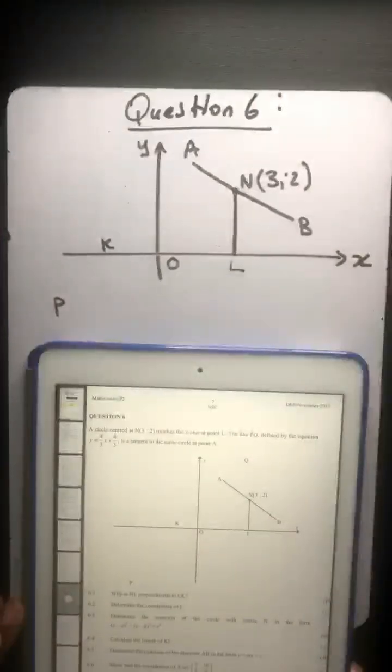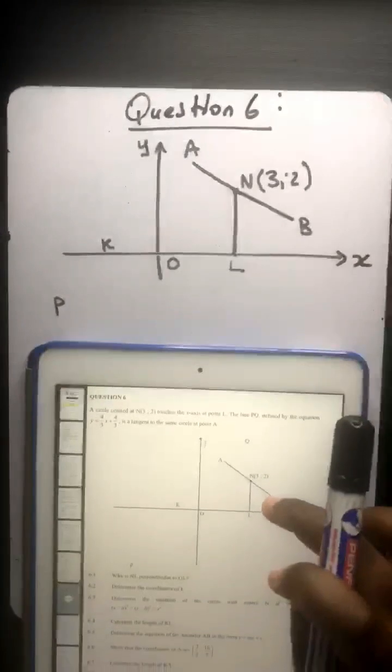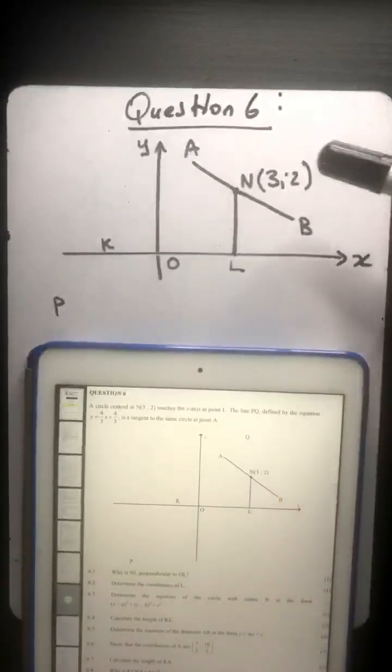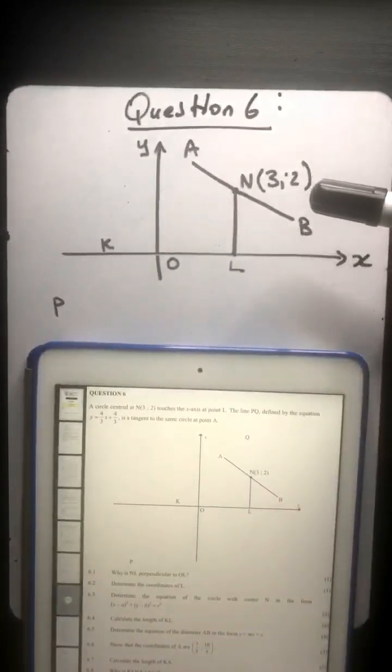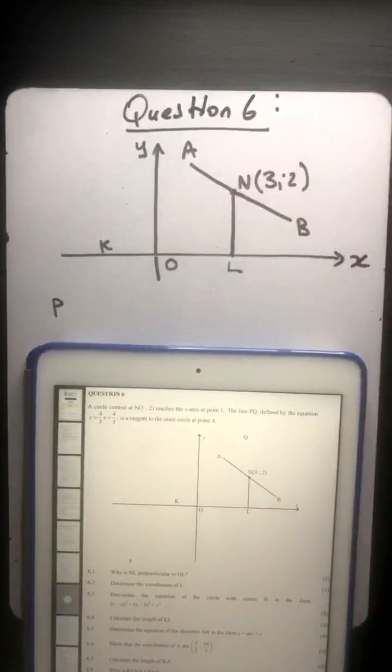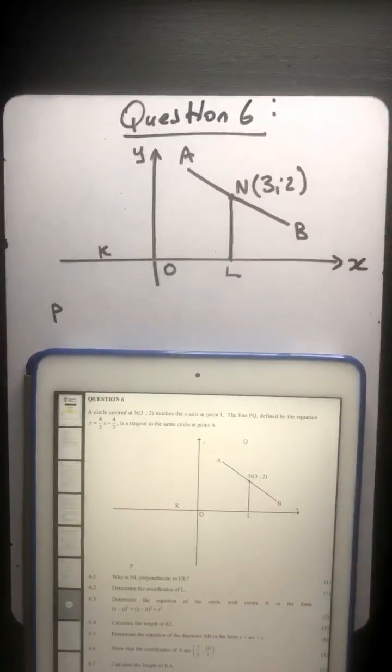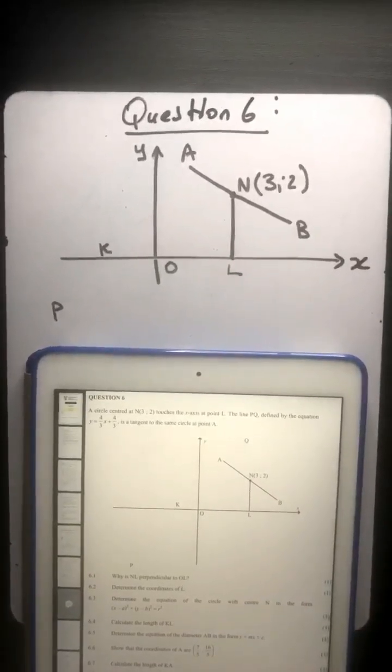So, very quickly, this is what we are going to be doing in today's lesson. You guys wrote a test on Saturday, and one of your questions was question number 6. What we will be doing in today's lesson is just to do a correction. What I'm having there is what has been posted in the group.